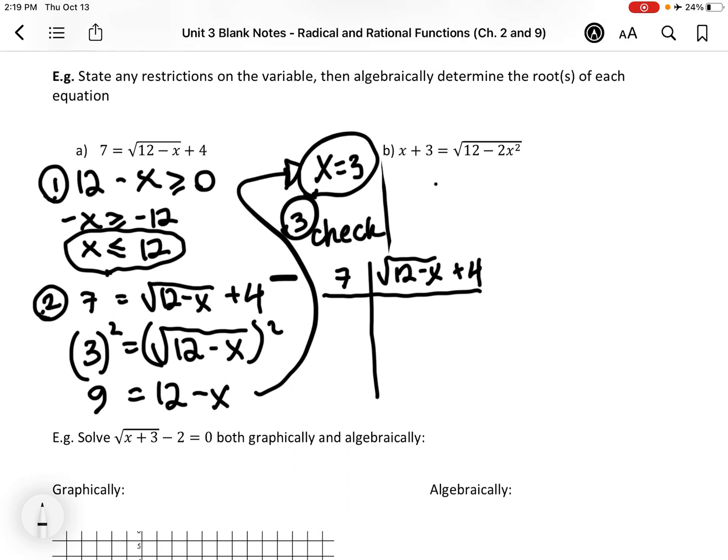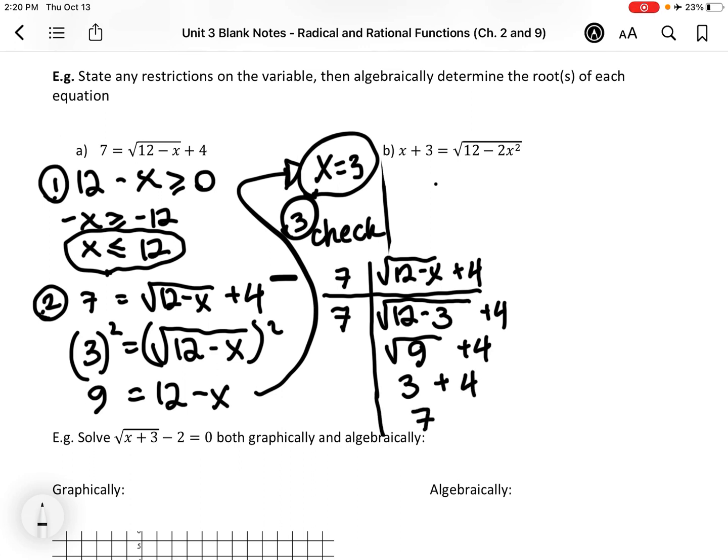On the left side, it's always just equal to 7. On the right side, I get the square root of 12 minus 3, plus 4. That's the square root of 9 plus 4, which is 3 plus 4, which is, in fact, 7. So the left side equals the right side, so we're good.